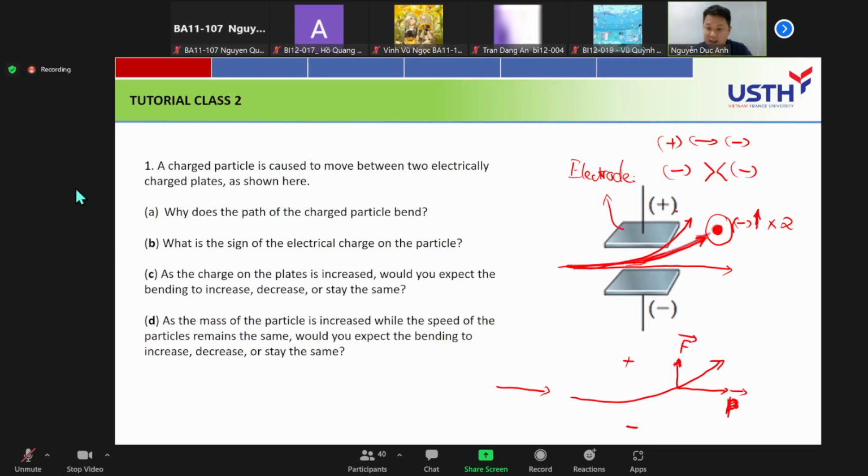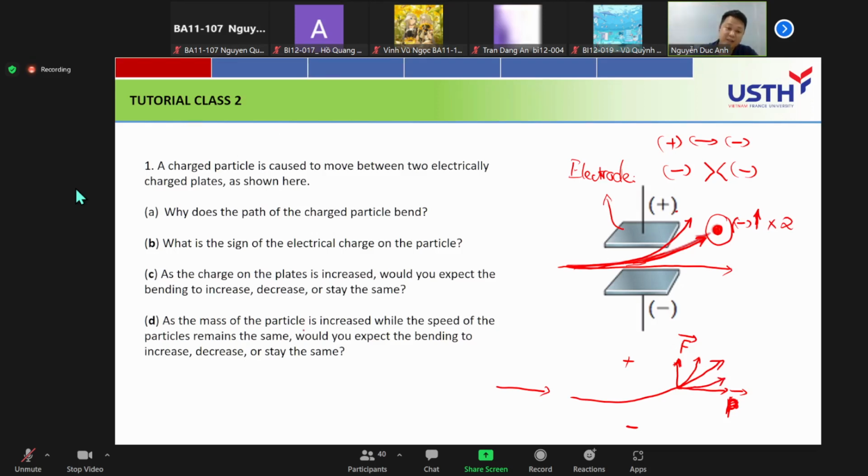Now, if we have a higher force, the force here increases, the particles move this way. And if the linear momentum increases, they will bend this way, or less bend.